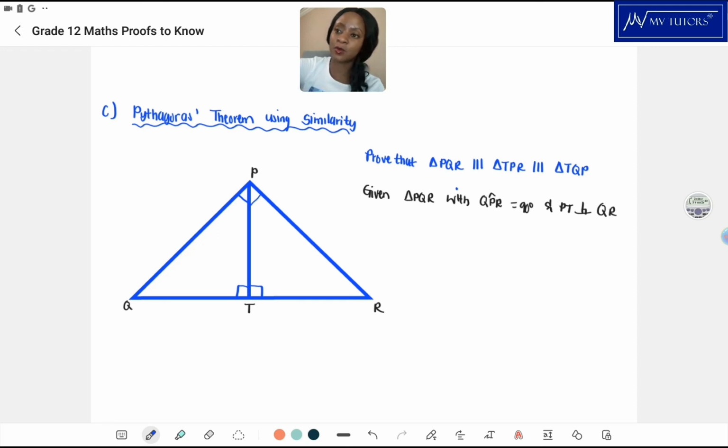Okay, so we have that 90 degree there. And then we have that PT is perpendicular to QR, so we also have 90 degrees. Hence, we have three 90 degrees, three right angle triangles.